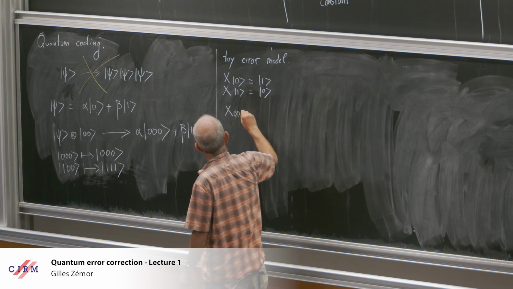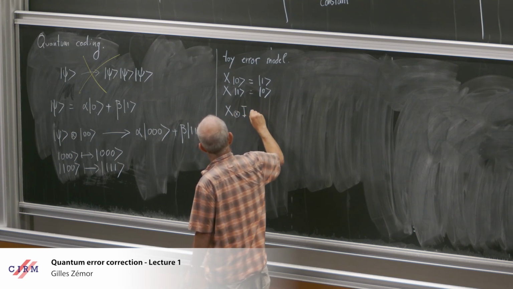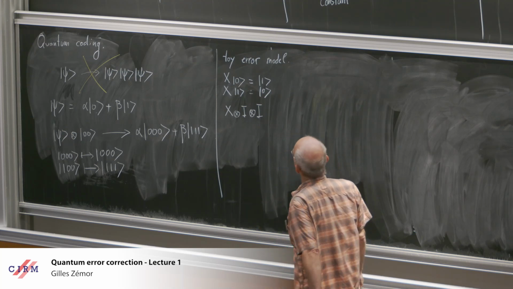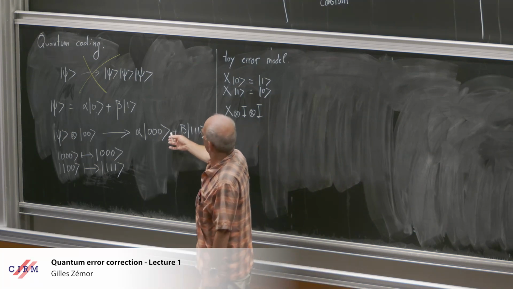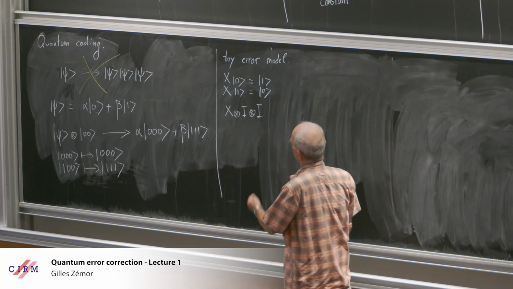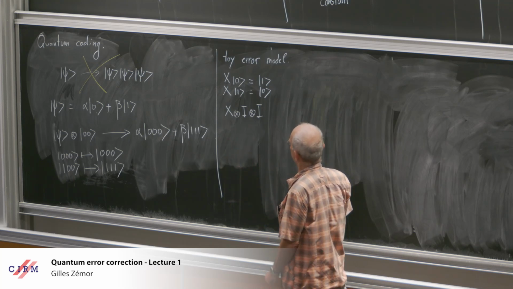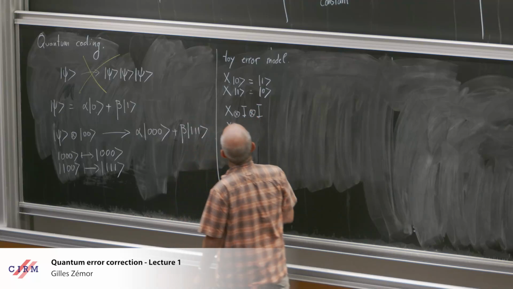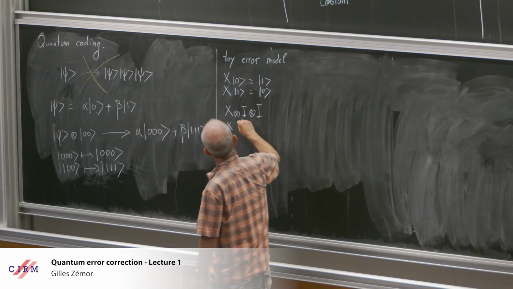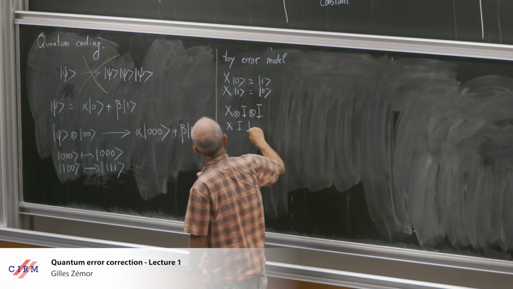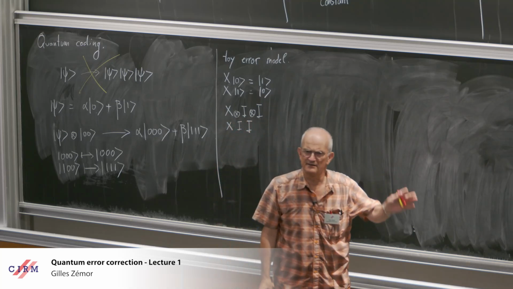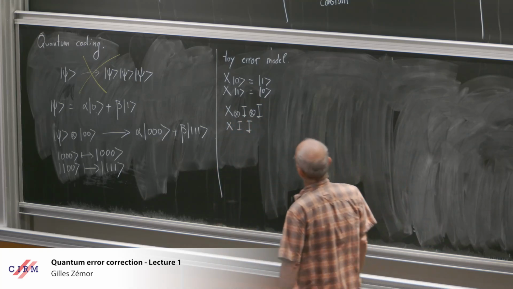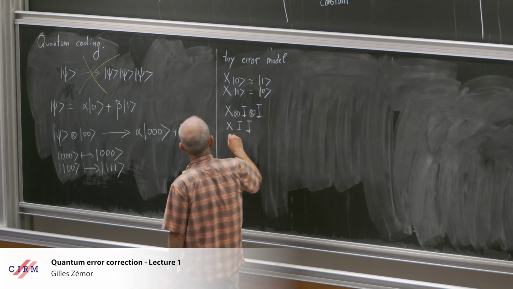So suppose you have this operator acting on our qubit, so just an X on the first qubit and nothing on the other qubits. And allow me to write this in a lighter form, so I don't write these tensor products all the time. I'll just write X identity identity.